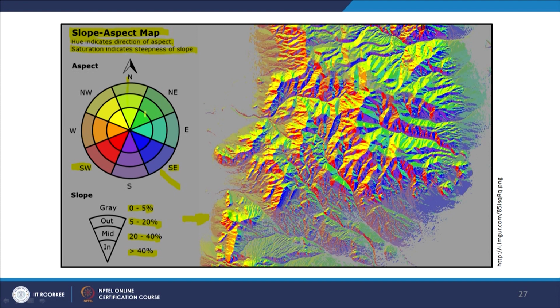So for green, that means they have high slope values and the direction is towards the north. If I am getting fully blue colors like here, then the slopes are facing towards southeast, and in terms of percentage the slope is more than 40%.